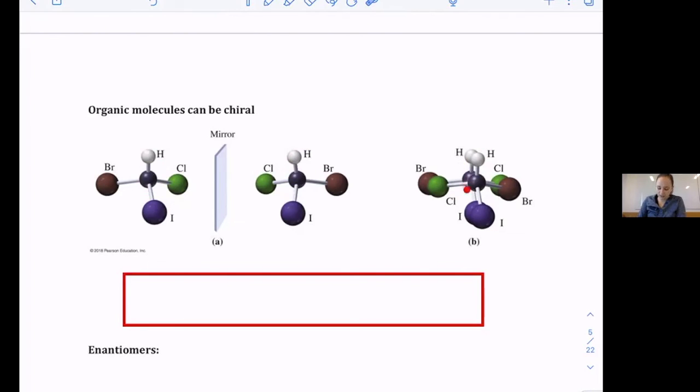You'll see that carbon-hydrogen overlap and carbon-iodine overlap for both molecules, but now the side that the chlorine is on and the side that the bromine is on is switched. So these are chiral molecules. They have a handedness to them. One of them is the right hand and one of them is the left hand, and they can't overlap. So let's go ahead and label these as mirror images.